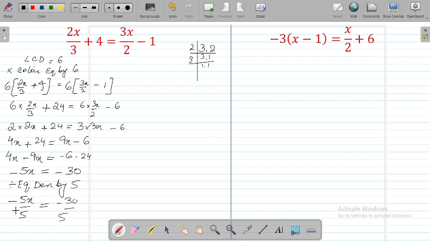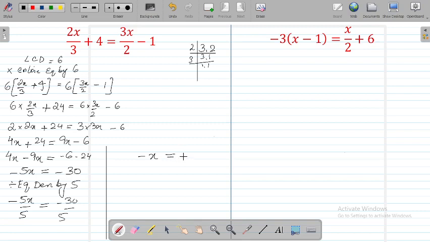So what will be the end result of this solution? Here it is, we can say minus x is equal to 5.